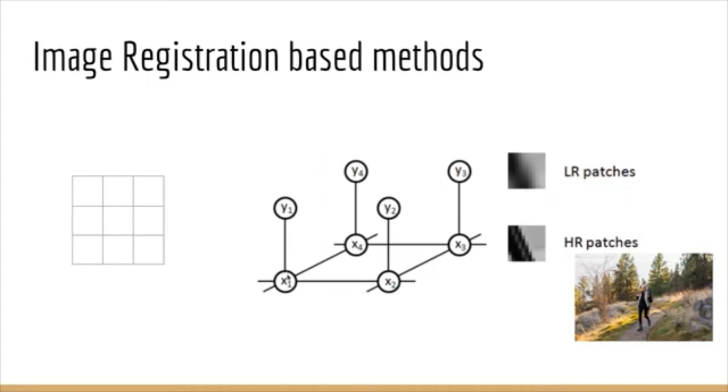What happens is, you have a one-to-one mapping of low resolution patches to high resolution patches in this particular case, but the mapping of one-to-one or one-to-many or many-to-one depends on the particular registration that is being done. Effectively, for any small patch you find, you replace it with a larger patch.